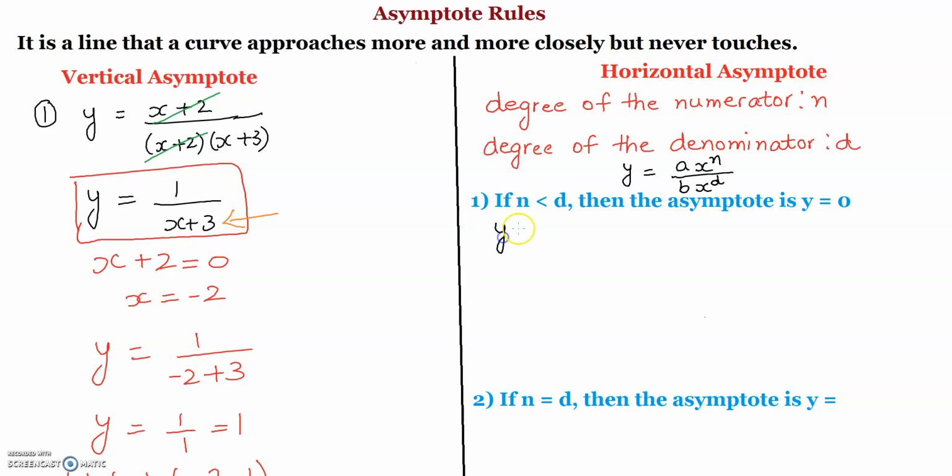The example is y equals (x plus 2) over (x squared plus x minus 6). n is equal to 1, which is here, and d is equal to 2, which is right here. Therefore, I can say n is less than d, and the horizontal asymptote is y equals 0.